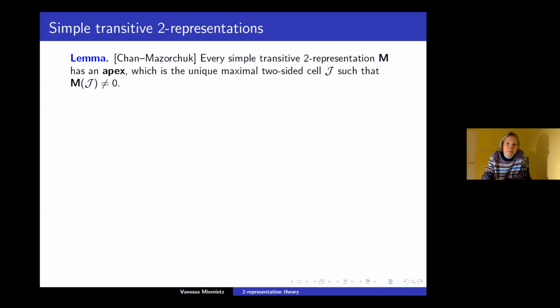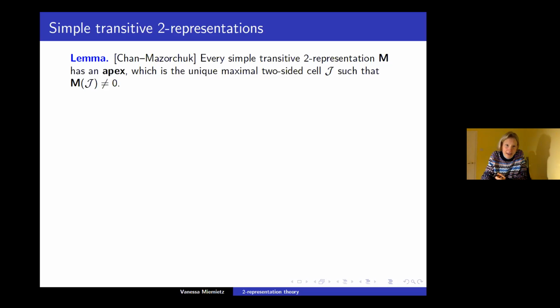because there is a lemma by Chan and Mazorchuk that to every simple transitive two-representation, you can associate an apex, which is the two-sided cell which is maximal with respect to not being killed by your two-representation, or in other words, with respect to not acting by 0 on the categories.